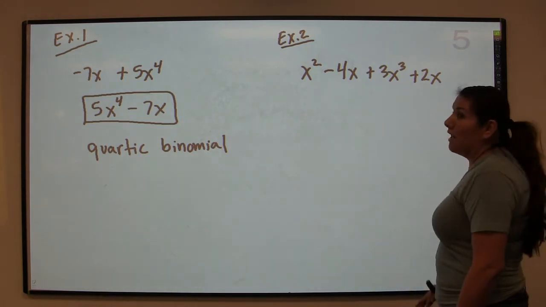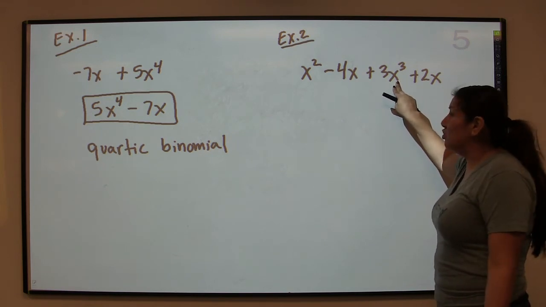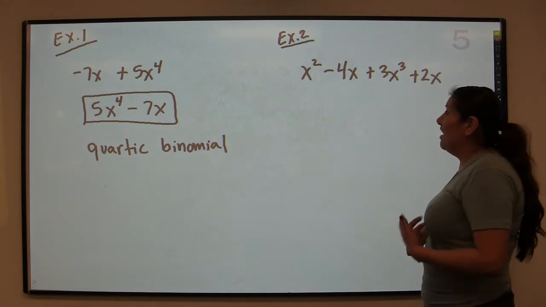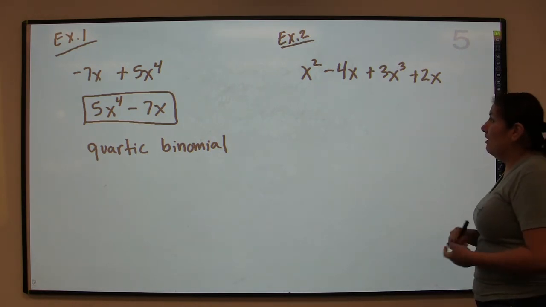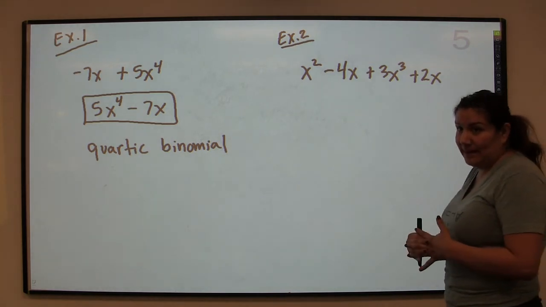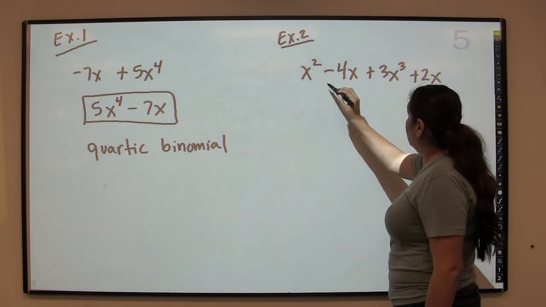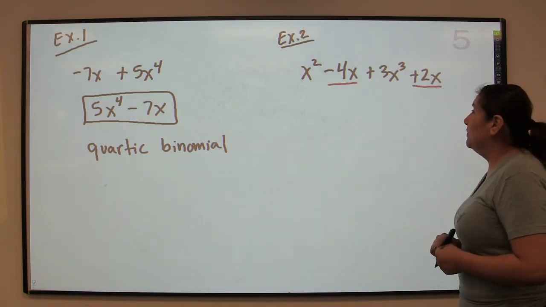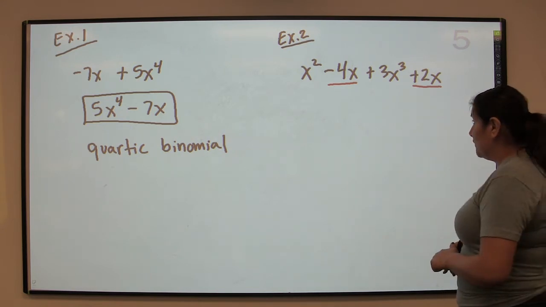It is definitely not in the right order because the x cubed should be first, but it's also not a polynomial of 4 terms, because the other thing that you have to make sure that you do with a polynomial is that all of the like terms have to be combined in order for it to be considered standard form. So right now we have a negative 4x and a 2x, and those are like terms, so we need to combine those into one term before we can call this standard form.